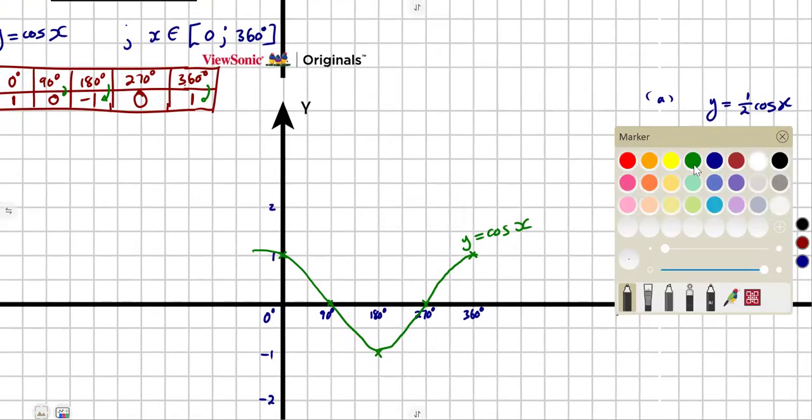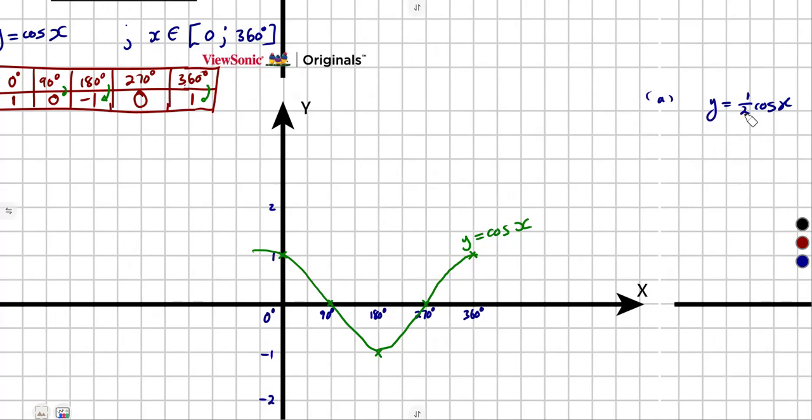That one is going to affect its maximum and minimum values. The maximum values were at 1. Here we've got 0 versus 1, 180 versus -1. This one, it's actually a turning point, the maximum, a turning point there.